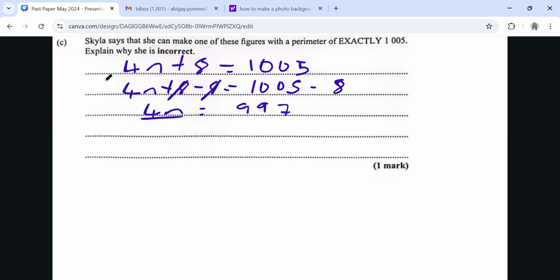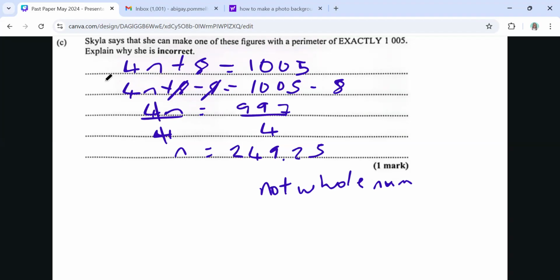And then we divide by 4, cancel, n equals 249.25. All right, so she's not correct because this is not a whole number. So in order for it to be correct, the n needs to be a whole number.